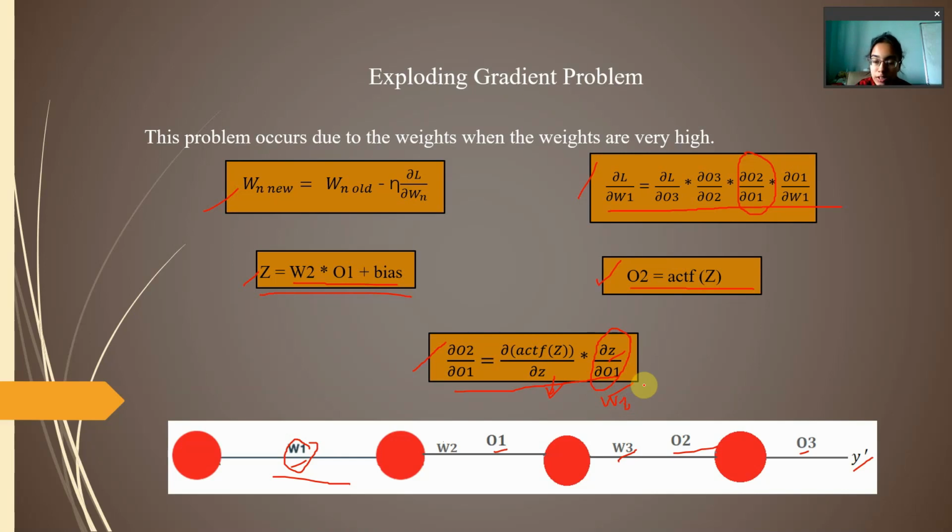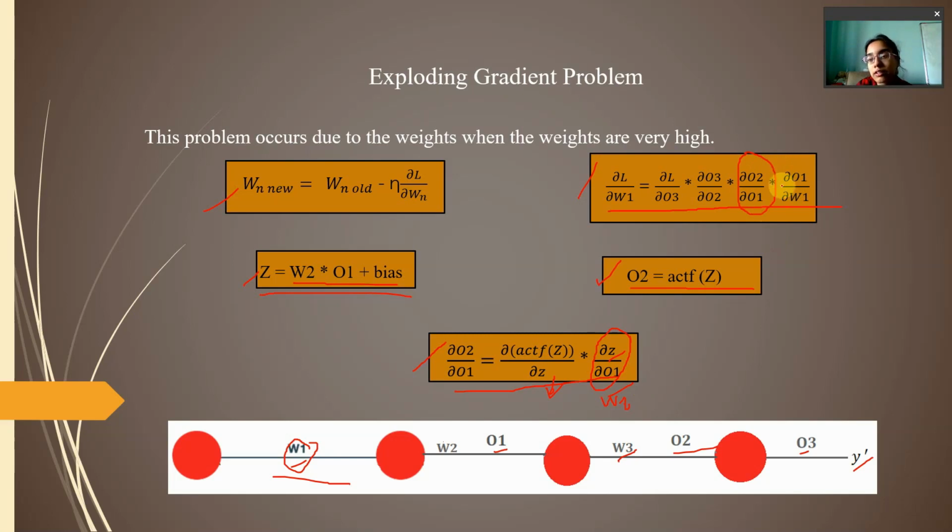Okay, so now the W2 value is 600. Now what will be the case? 600 into 0.2 suppose, so it will be something around 120. So the value for this derivative is 120.